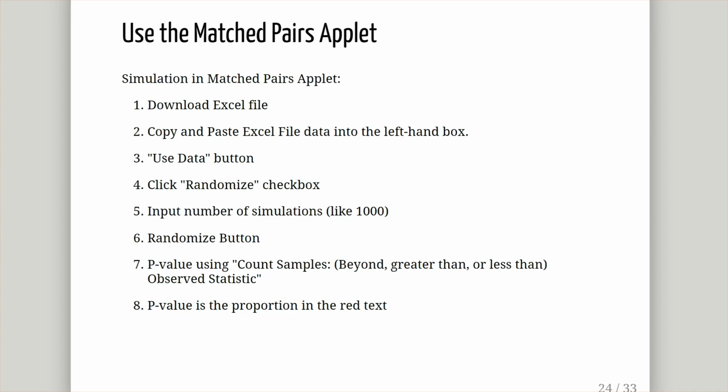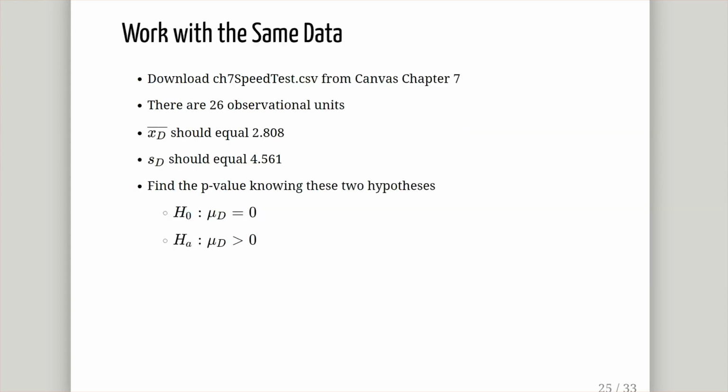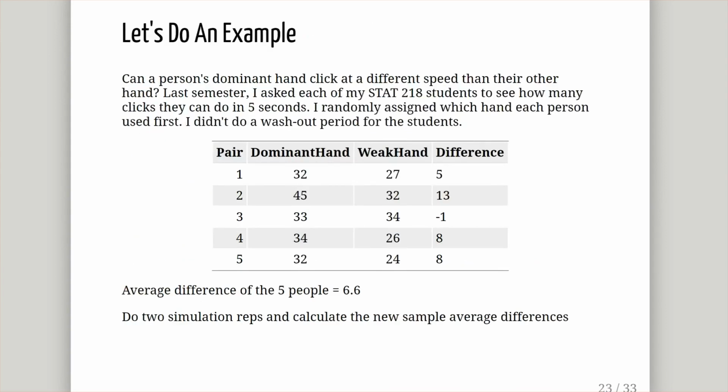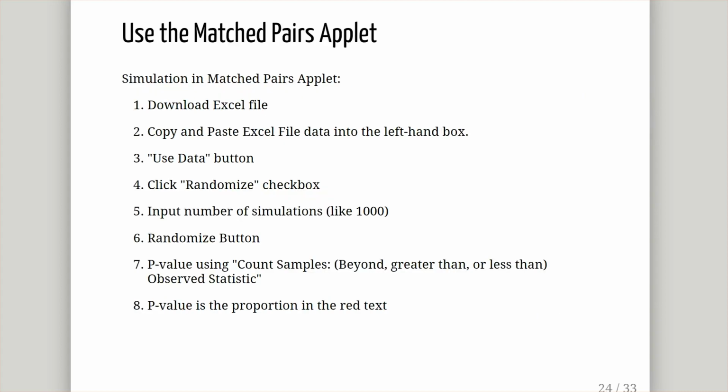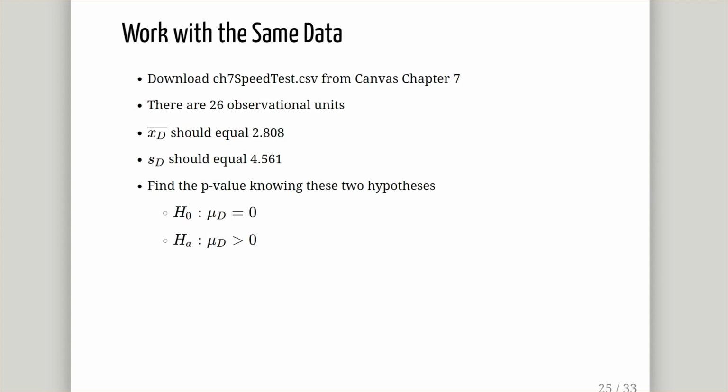Before we do that, let's read some important information. First, this file, Chapter 7 speed test, came from the same question that you worked with when you talked about how many clicks a person can do in 5 seconds with their dominant hand, and then how many clicks they can get in 5 seconds with their weak hand. These are the 26 students in my class. So there are 26 observational units.